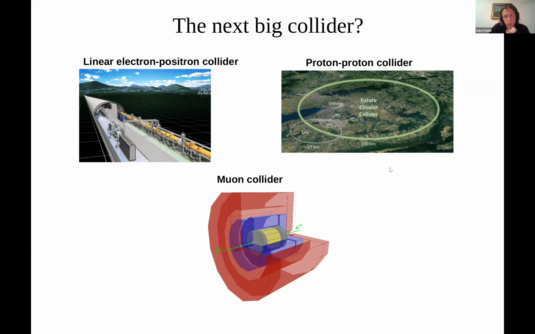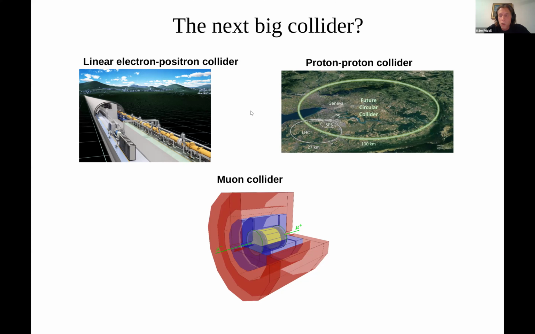You could also build, for example, a linear electron-positron collider, such as the ILC, which was receiving a lot of hype in Japan, but perhaps less so in the last year or a few years or so. But it's still not quite decided what's going to happen with the ILC.